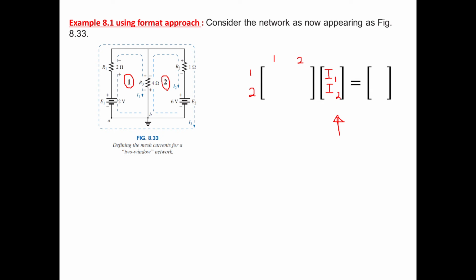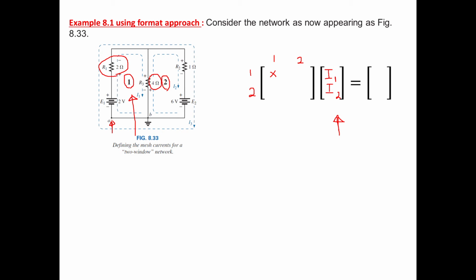Now we are going to write this element 1, 1. So 1, 1 means please go to mesh number 1 and, starting from A, follow the direction of current and come and end at A. So how many resistance are there? 2 and 4. So what is 2 plus 4? 2 plus 4 is 6.